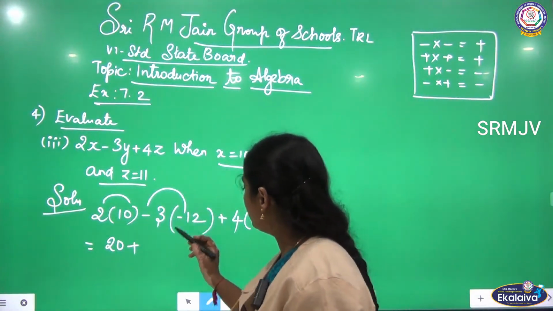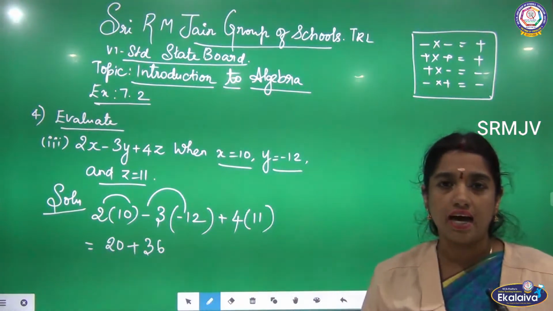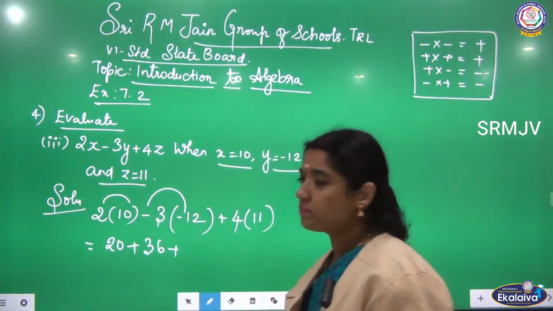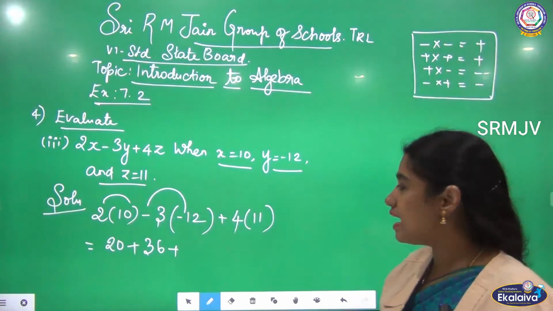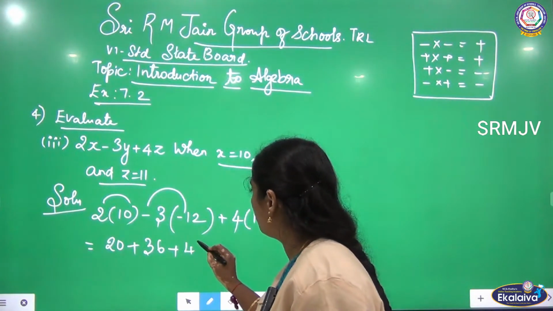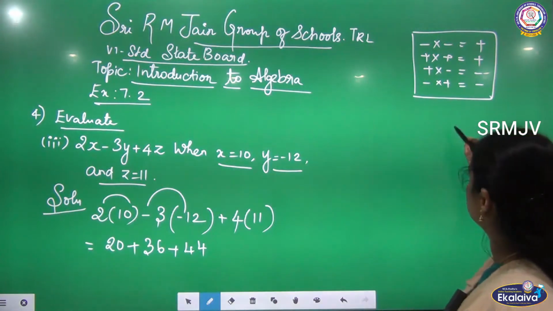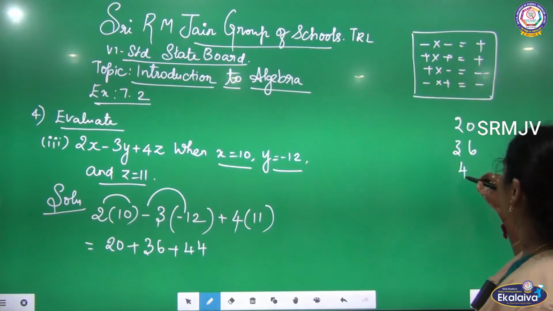Okay. 3 12s are 36. What is 3 12s? 36. Next, plus is there. 4 into 11, that is 4 elevens are 44. See, you have to add all those things. Listen, 20, 36, 44.